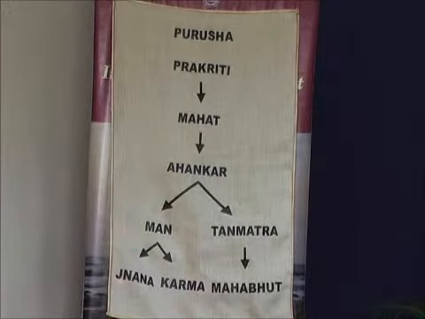So they are like grahana. And this ahankar and this chitta which has ahankar and asmita, they are like the grahitru, the knower or the seer. So these are the seer, these are the grahana and these are the grahya.